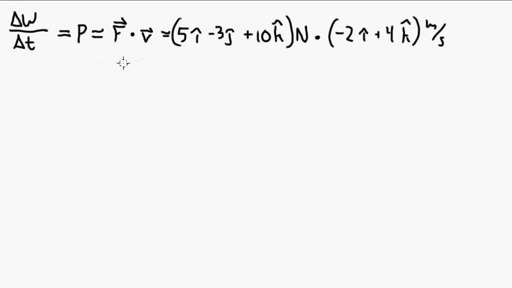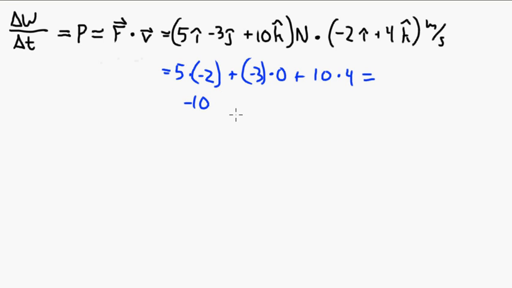Take this dot product, and taking a dot product is pretty easy. You just multiply components. So this dot product is going to equal 5 times negative 2, plus negative 3 times 0, plus 10 times 4, which is negative 10 plus 0 plus 40.